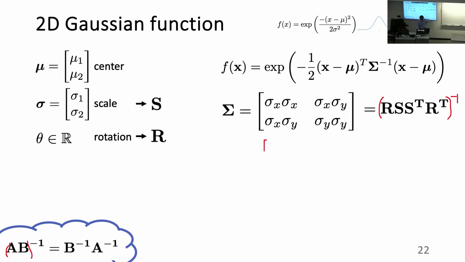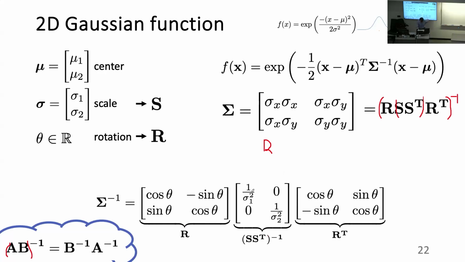So R transpose inverse becomes R, and then we have the inverse of SS^T, where our scale matrix also has a very nice property that it has values only along the main axis, as I'm showing here. So SS^T becomes SS^T inverse, and the inverse of our rotation matrix becomes R transpose. And our rotation matrix in 2 dimensions is this typical 2x2 rotation matrix.